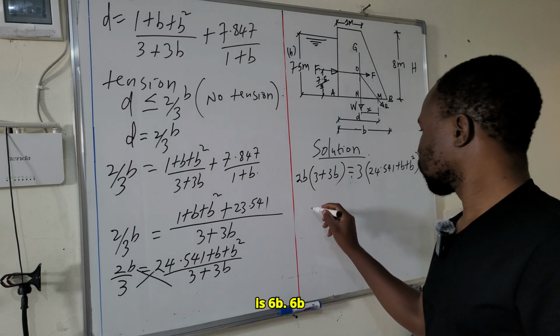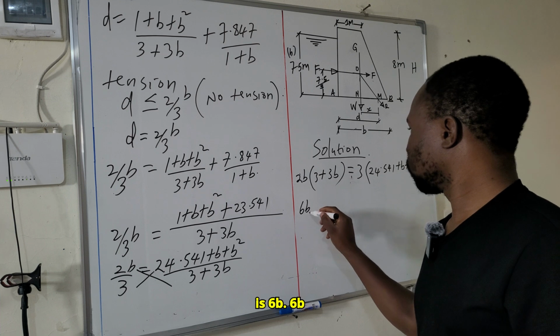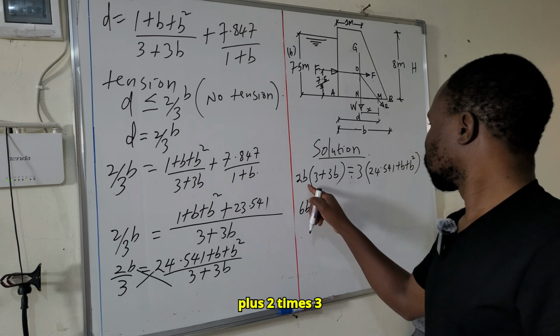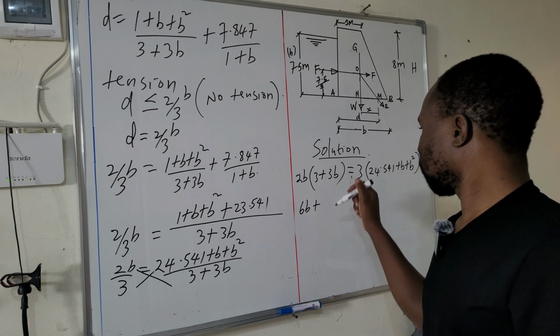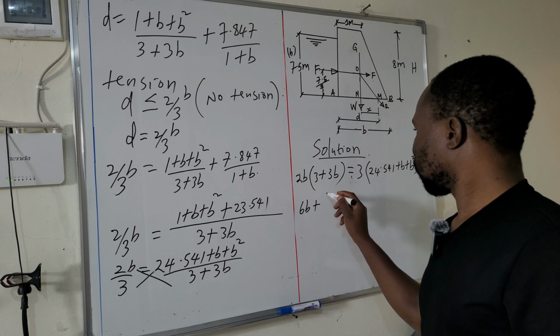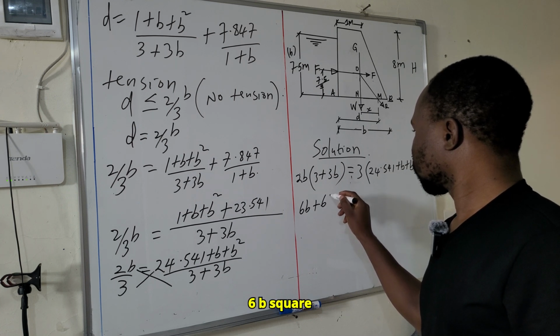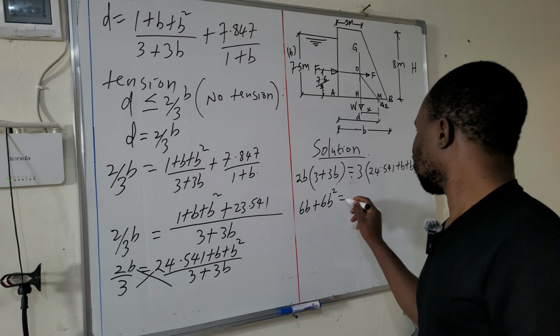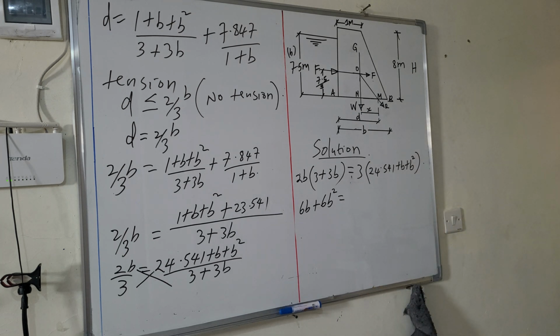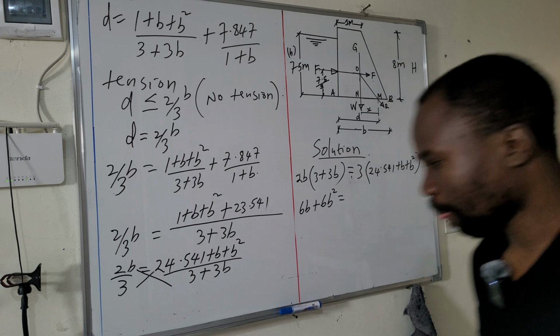So let's open the bracket. 2b times 3, that is 6b. 6b plus 2 times 3b, 6b square is equal to 24.541 times 3.